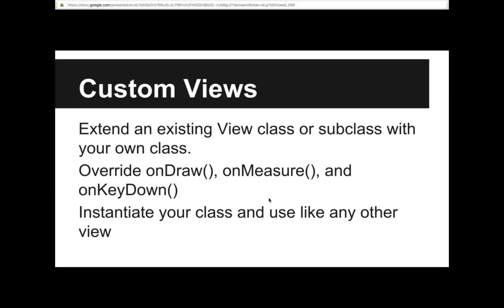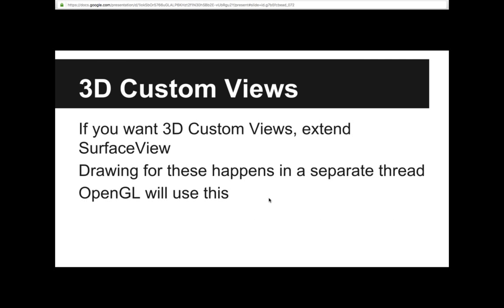Anything else? Right. Yeah, just raise your hand or shout out as we go through these if you have deeper questions on these. Okay, so we talked about custom views. If you want to do 3D, so instead of just moving around squares and circles or whatever you want to draw on there, you can draw paths, of course. You can do 3D.